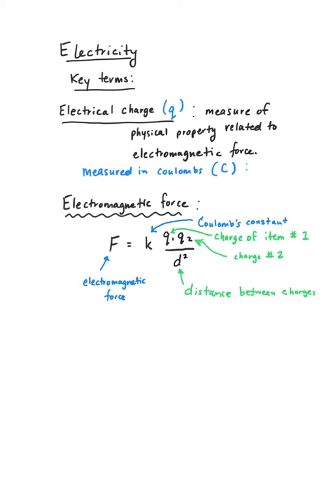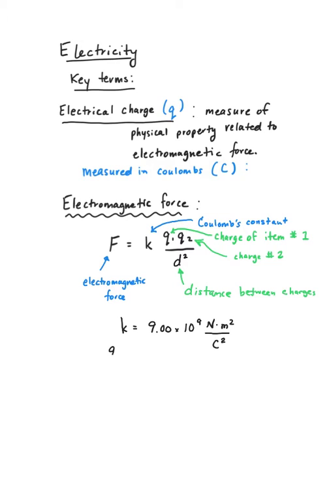In this equation, Coulomb's constant, K, is a fundamental physical constant with a value of 9.00 times 10 to the 9th newtons times meter squared per Coulomb squared.